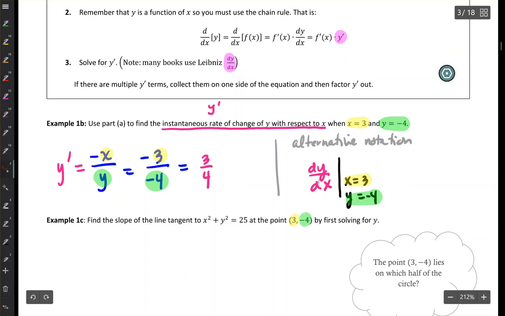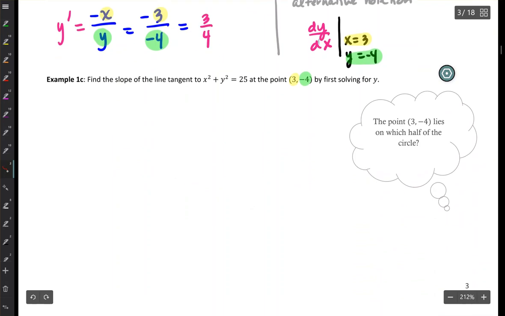Now, because it is possible to solve for y, we can do this without implicit differentiation, but it's going to require a little bit more work. I do want to illustrate that, though, so that we see that we are, in fact, finding the correct slope. So let's do this problem again, but a different way.